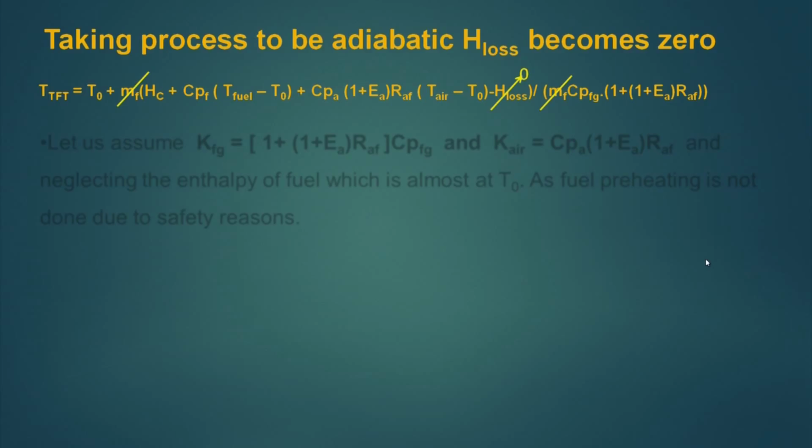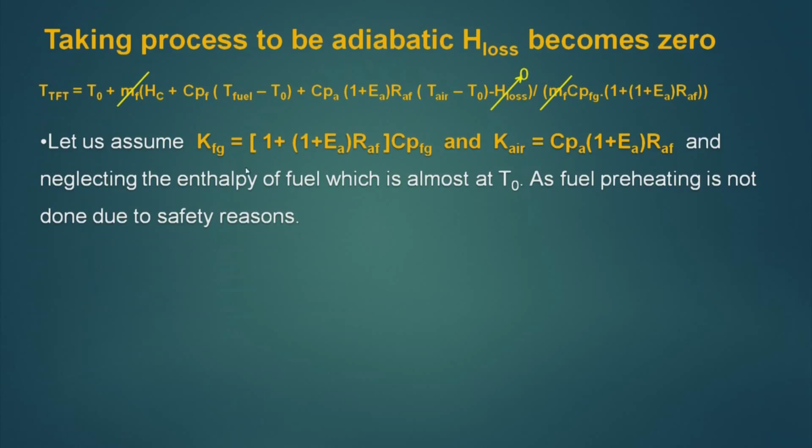Now, taking the process to be adiabatic, H loss becomes 0. So, again I set H loss equal to 0, and let us assume that KFG is equal to (1 plus EA) RAF into CPFG.